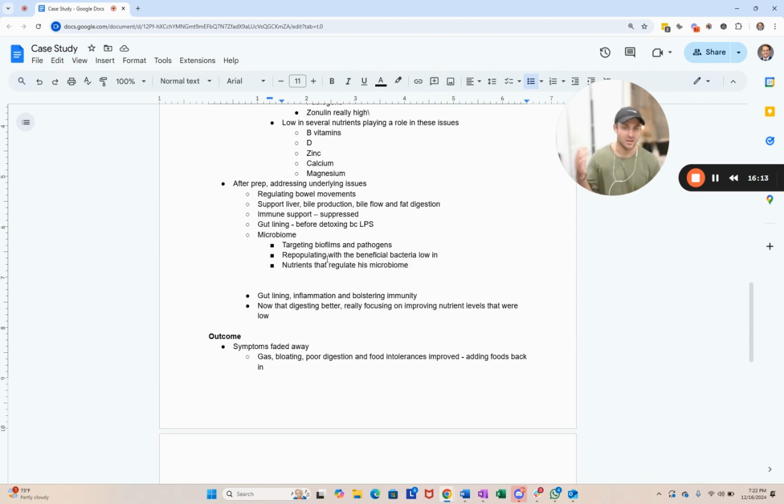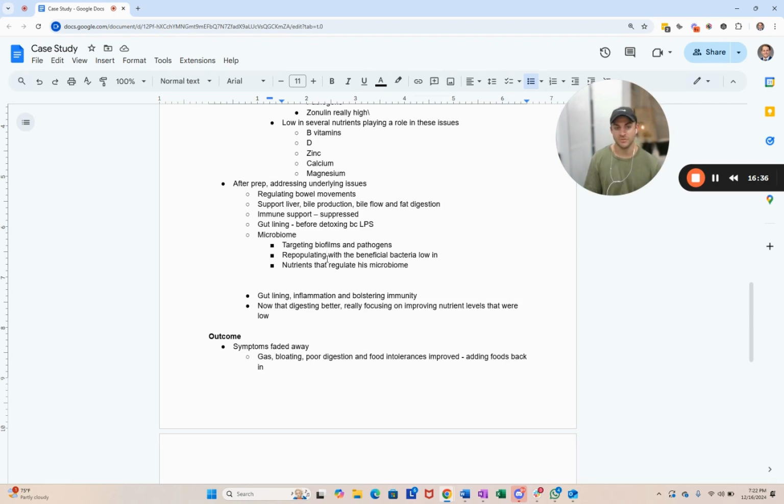Or if you're extremely deficient in a very specific commensal bacteria and you supplement with that, I think that makes sense. But if your approach to rebalance your microbiome is using one probiotic supplement that has 2 or 3 strains, it's just not going to get you the outcome that you think it is. And in some situations could actually make it worse.